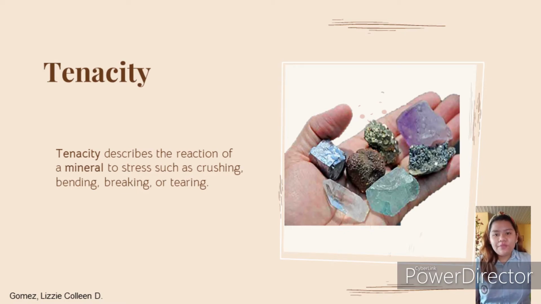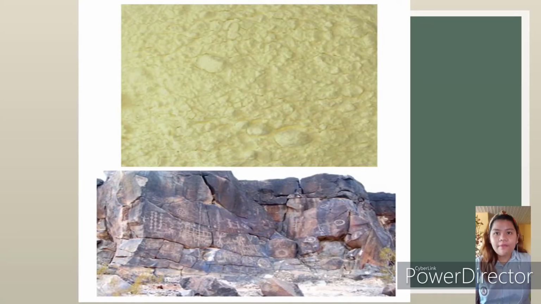The different forms of tenacity are: first, brittle. If a mineral is hammered and the result is a powder or small crumbs, it is considered brittle. Brittle minerals leave a fine powder if scratched, which is the way to test a mineral to see if it's brittle. The majority of all minerals are brittle.